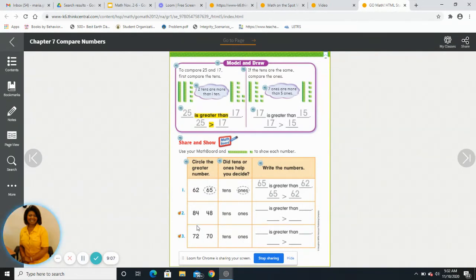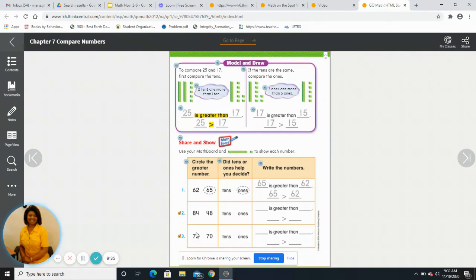And again, if you need to, you can draw a line separating the 7 and the 2, and you can put a T over the 7 and an O over the 2 to remember that your 7 is the tens and your 2 is the ones, and the same here. Draw a line between the 7 and the 0 for extra support. Put a T here and an O here, okay?